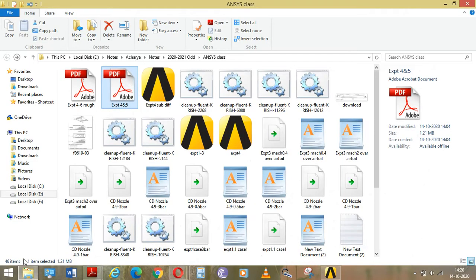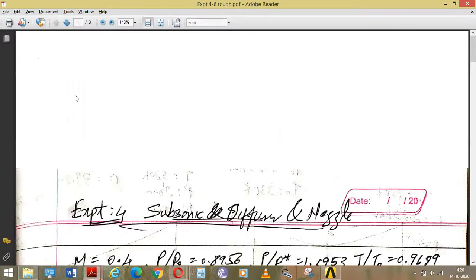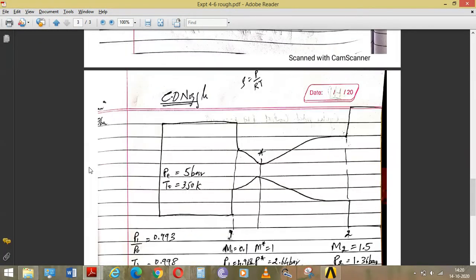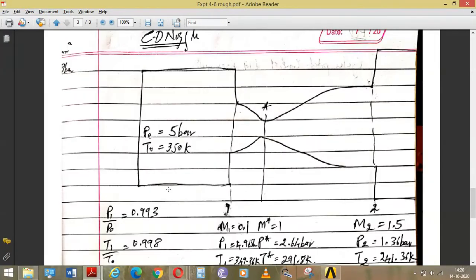For example, I will show. This is a settling chamber. P naught I have written here. All the experimental setups for gas dynamics flow analysis will be like this. Initially, there will be a settling chamber, then a test section, then some exhaust section.